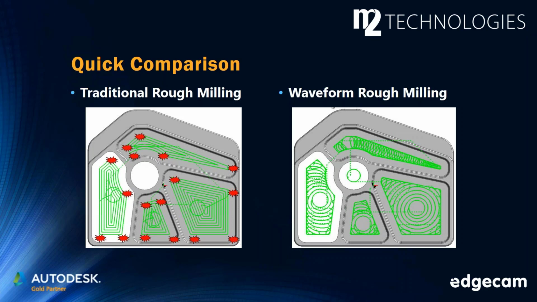By the way, this doesn't require a so-called high-speed machining center. This works very effectively on a wide range of machine tools with a wide range of cutting tools, and we'll be demonstrating that as we go through this quick presentation today.